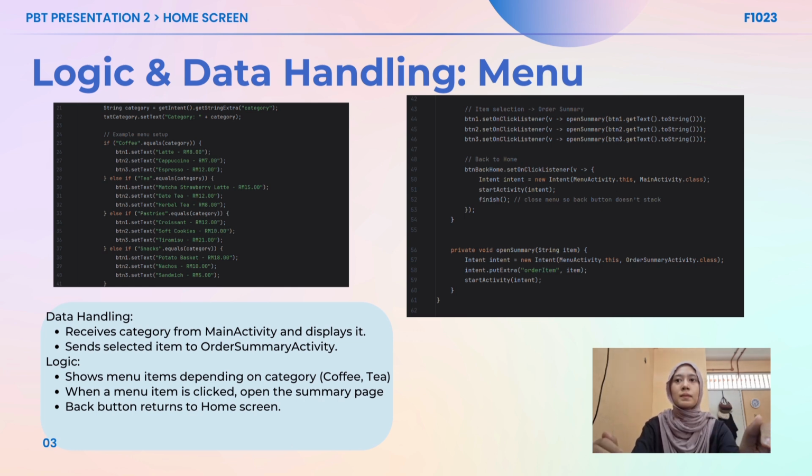When an item is clicked, we open the order summary activity and send the chosen item using putExtra with the order item in the brackets. There is also a back button to return directly to the home. So the key points on this page are: receive the category from home, show items depending on the category, and on the item we click, send the order to the order summary. The back button will take you back to the home screen.